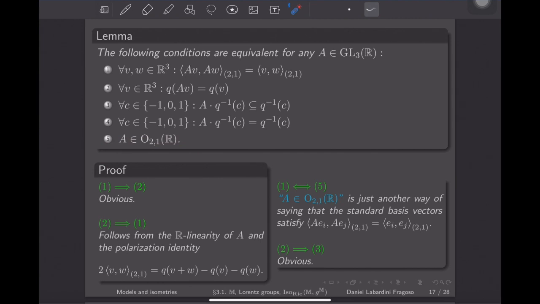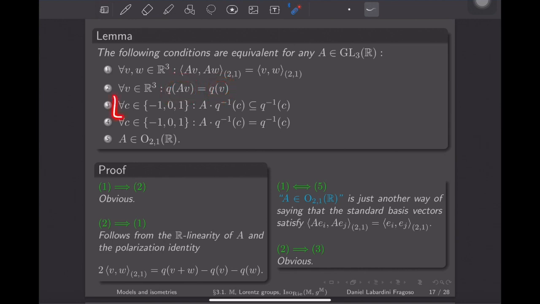But anyway, if you give me an invertible matrix of size 3 by 3 with real entries, the following are equivalent. One: it preserves Minkowski's form everywhere. Two: something seemingly weaker, where you don't have to consider all pairings of arbitrary vectors with arbitrary vectors, but rather just pairings of vectors with themselves. So A preserves the pairing of anything with itself.